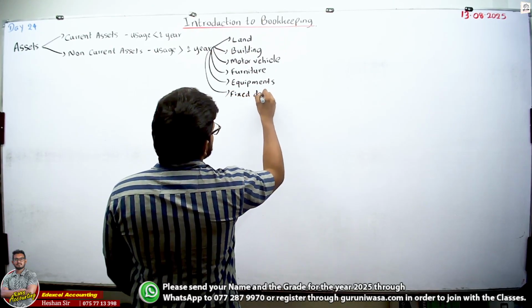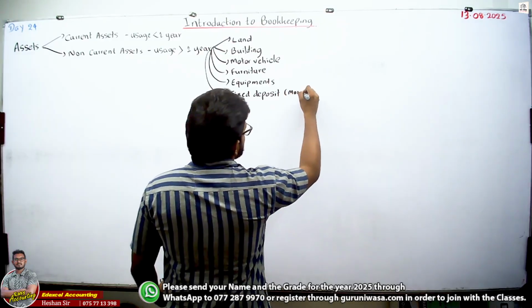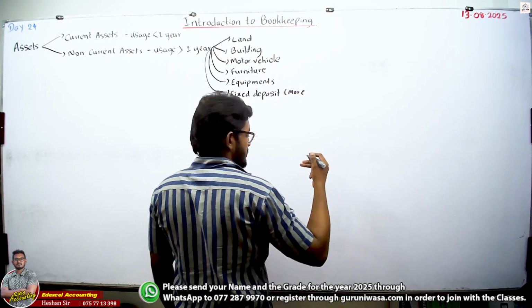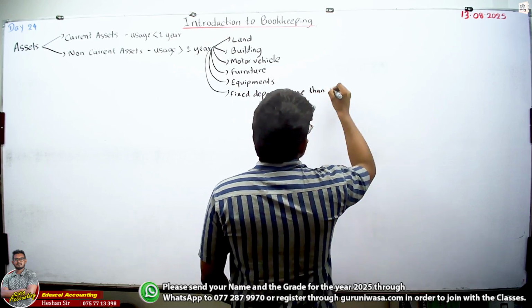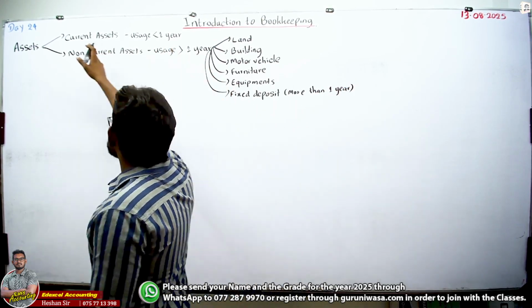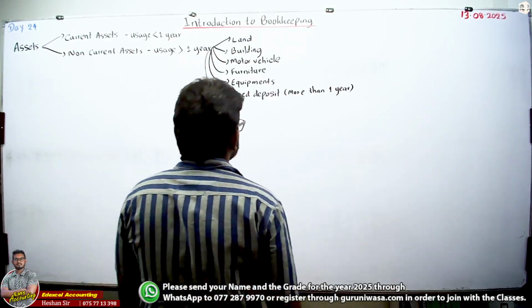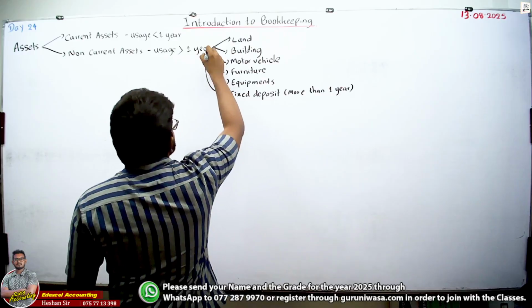There are two types of fixed deposit. Fixed deposit means we can fix our money for 2 months, 3 months. It is a current asset, because within 3 or 4 months it is matured. But if we open a fixed deposit for 2 years, 3 years, it is a non-current asset.